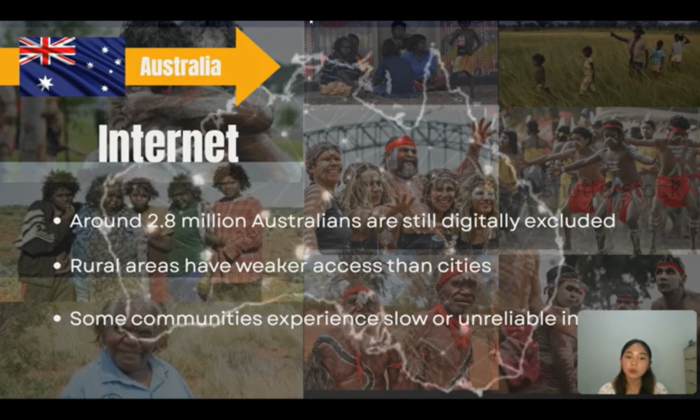In the vast rural outback, the signal is as weak as it is in our remote mountains. It makes us realize that availability is not the same as accessibility. You can have the fastest internet in the world, but if a community is too remote or too poor to use it, that technology might as well not exist.